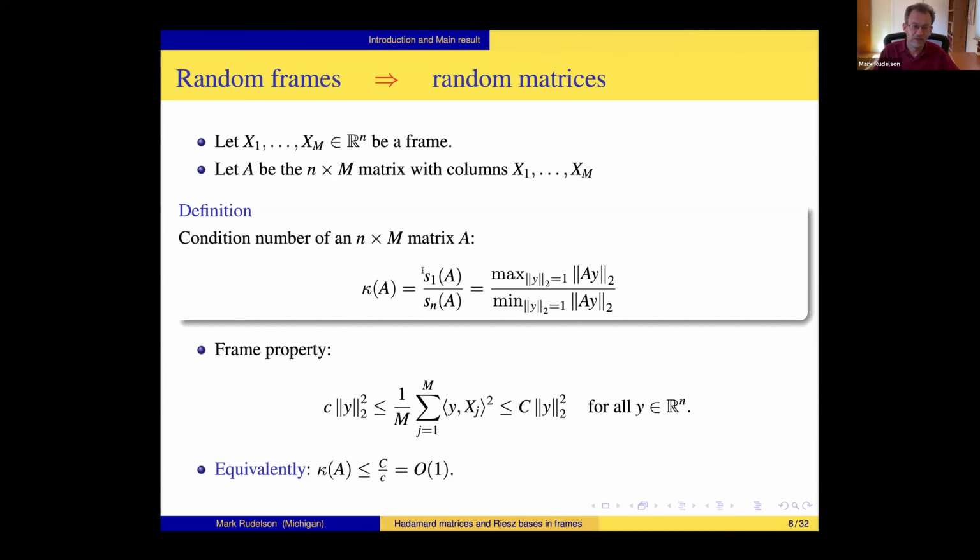In particular, we need a condition number, which is the ratio of the extreme singular values. So it's the ratio of the maximal norm of the image and the minimal norm of the image. Precisely these constants C capital and C small that we have. So we say that the system X1, ..., Xm is a good frame if the matrix formed out of this has a nice condition number.